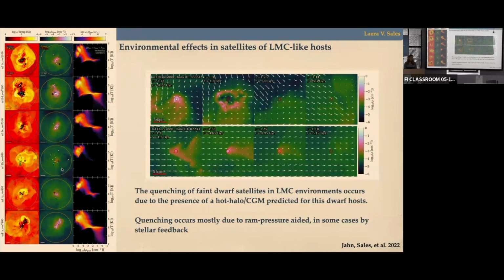So this would also be very interesting. Looking forward to observations of CGM around dwarfs, and of course, even for the LMC itself, which seems to require some of this to explain, for example, the Magellanic Stream.